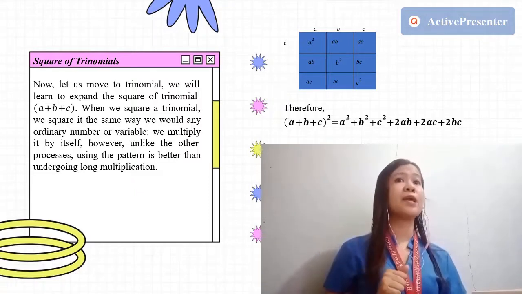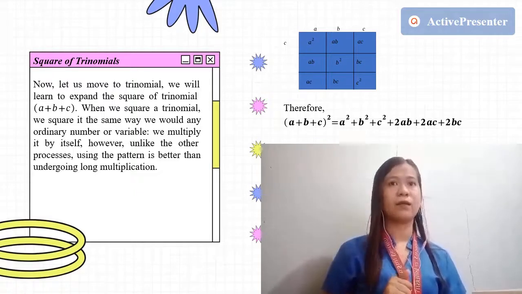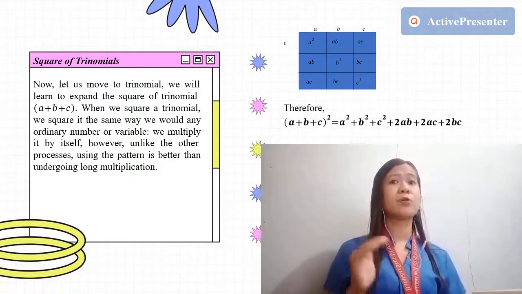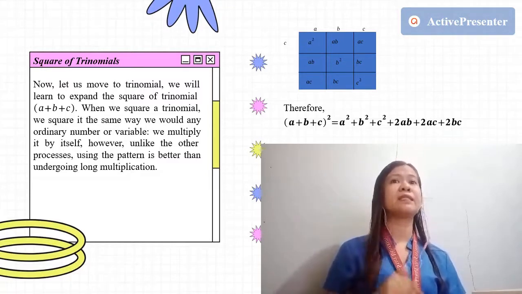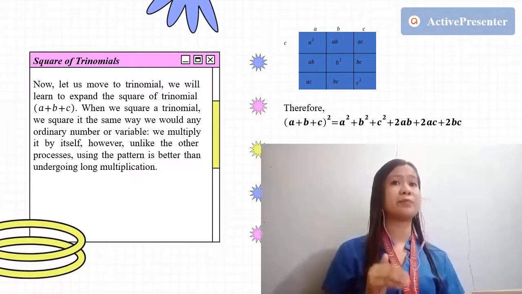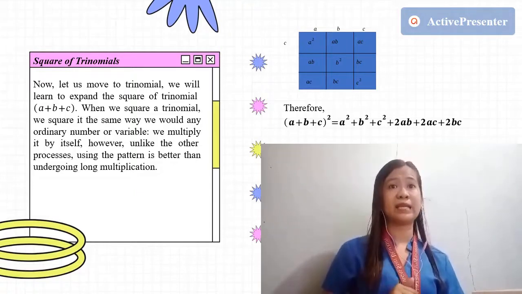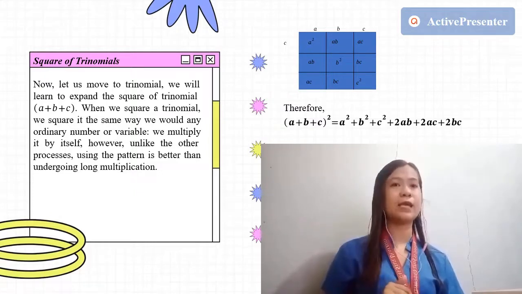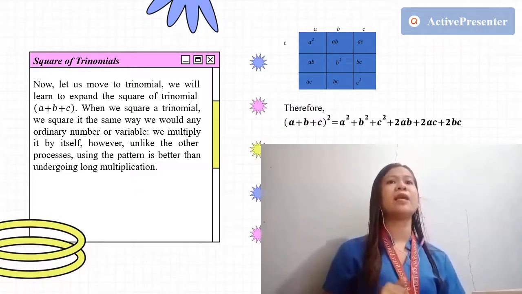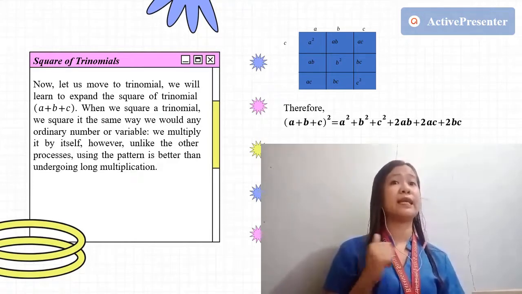A times b, we get ab. A times c, we get ac. Then proceed to b. So b times a, we have ab. Then b times b, we have b squared. And b times c, we have bc. Then proceed to c. So c times a, we have ac. C times b, we get bc. Then c times c, we have c squared.